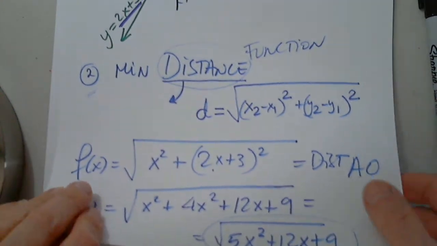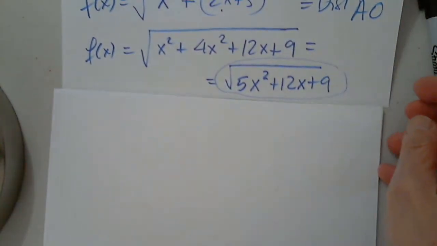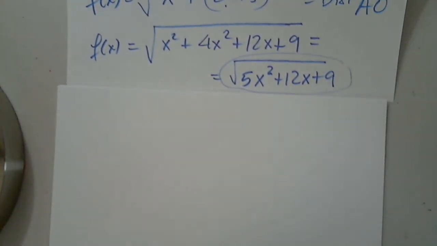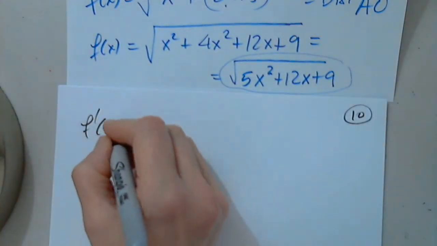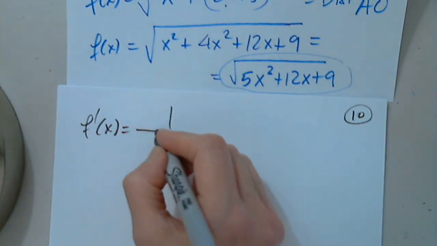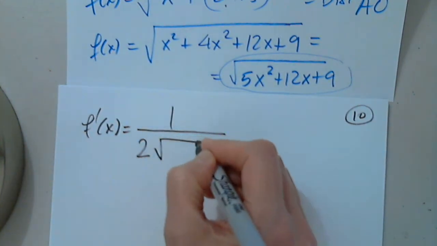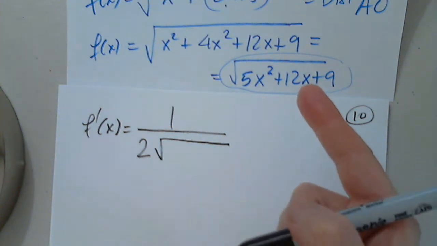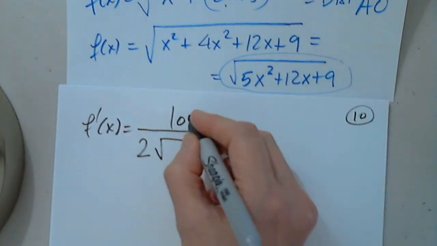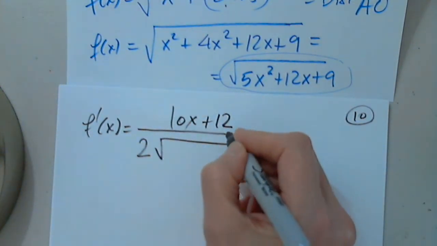So therefore, I know what I need to do next. What is our next step? Differentiate. Good, excellent. So f prime of x, please remember, is 1 over 2 the square root times the function prime: 10x plus 12.